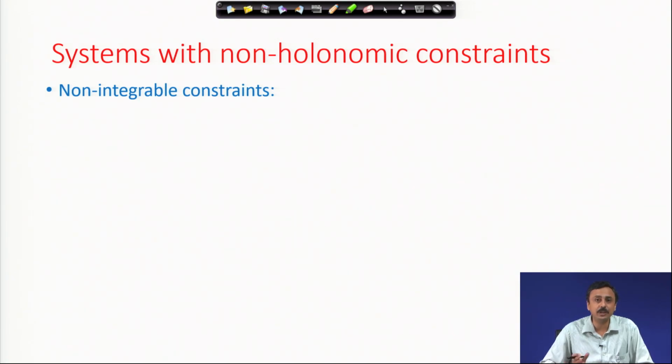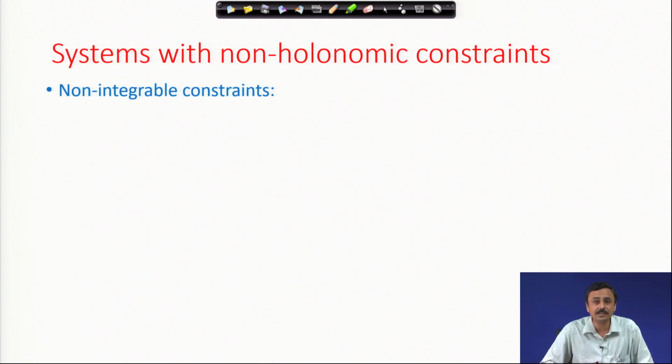We cannot write a non-holonomic constraint in terms of only the coordinates, then it becomes a holonomic constraint actually. The constraints which cannot be integrated, which involve the derivatives of the coordinates, are non-holonomic constraints. Non-integrable constraints are non-holonomic constraints.